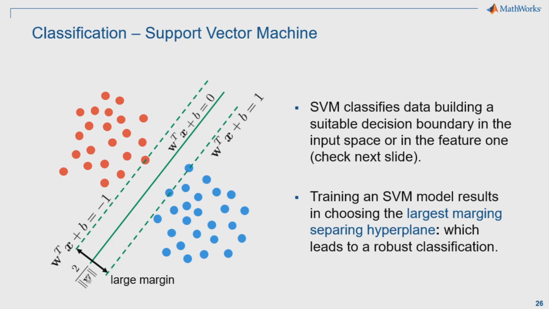And by minimizing the norm of your weight vector, you are actually increasing the margins of your classifier. So you are trying to find the equation of your decision boundary for which your weight vector brings you to the largest margins.